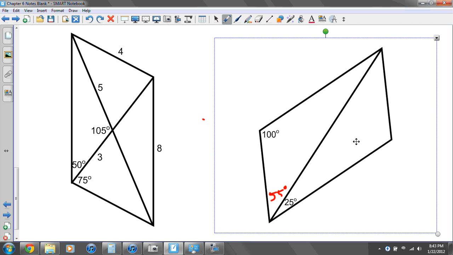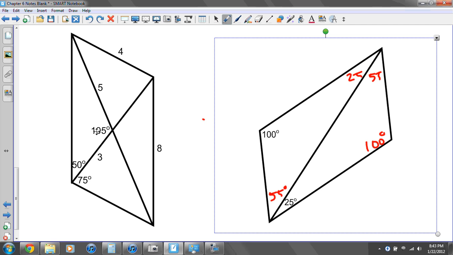Since these are parallel, this angle here, since these are parallel also, this angle is going to be the same as this one. This one will be the same as this one. And these opposite angles are congruent in a parallelogram, so this is also 100 degrees. And all these should add up to 360.